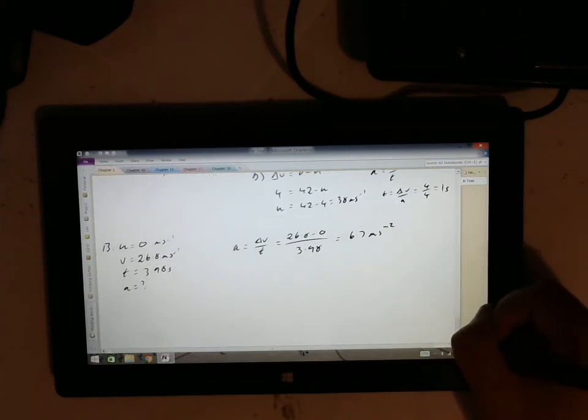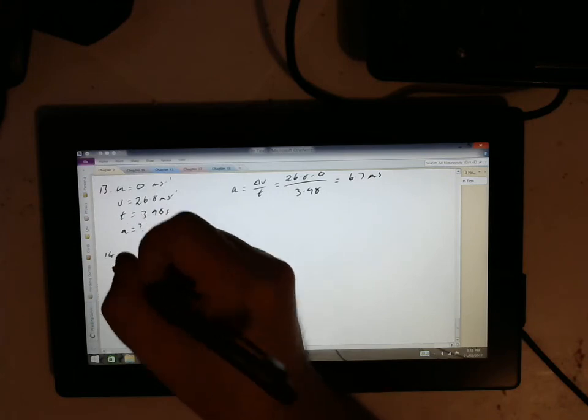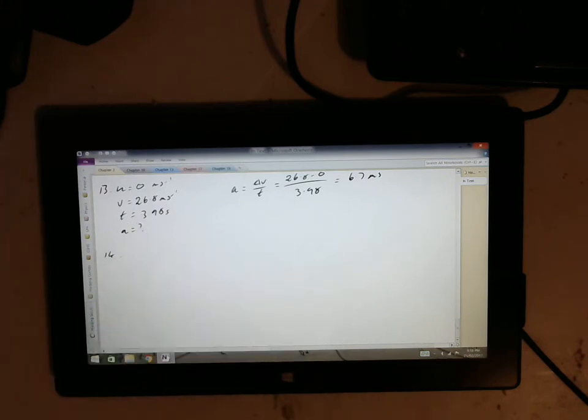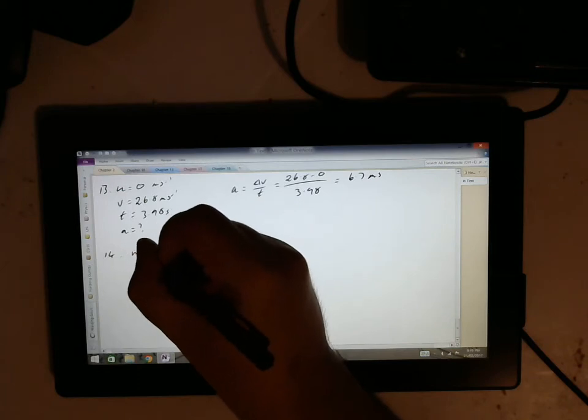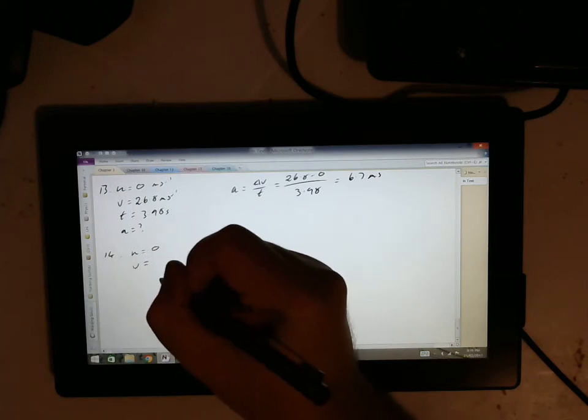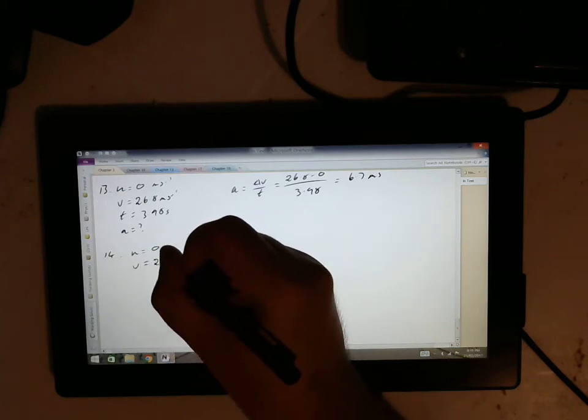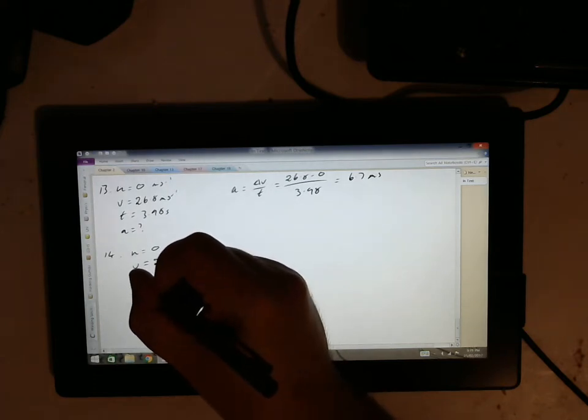Okay, 14. Highest speed by a rocket engine wheeled land vehicle was 290 meters per second. Its acceleration was measured at 4.2 meters per second squared. How many seconds would it have taken to reach the speed? And it says from rest. So again, U will equal 0, V will equal 290. T is unknown.